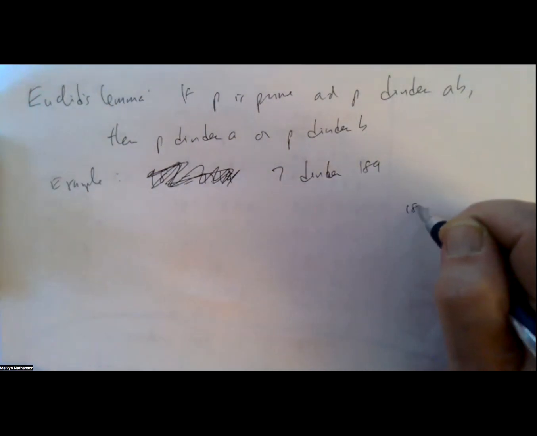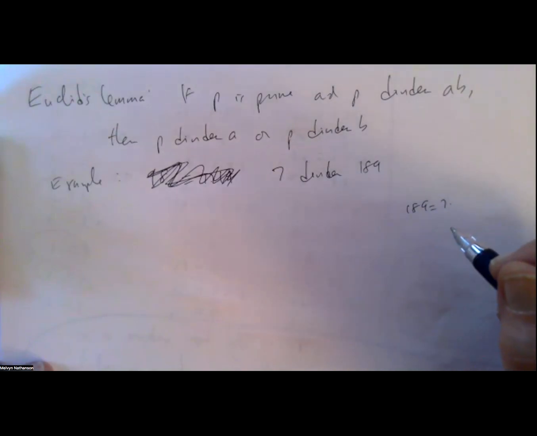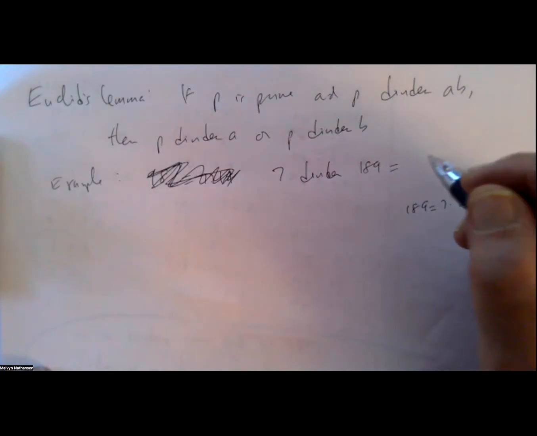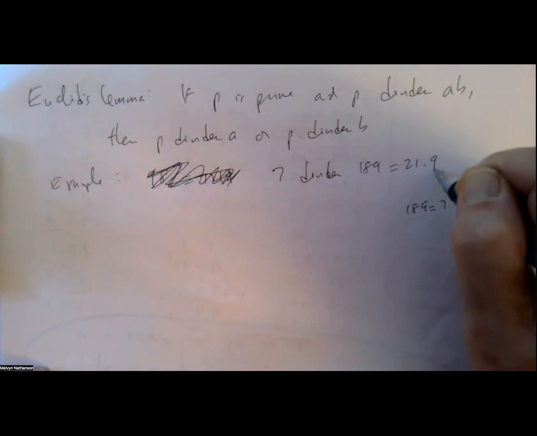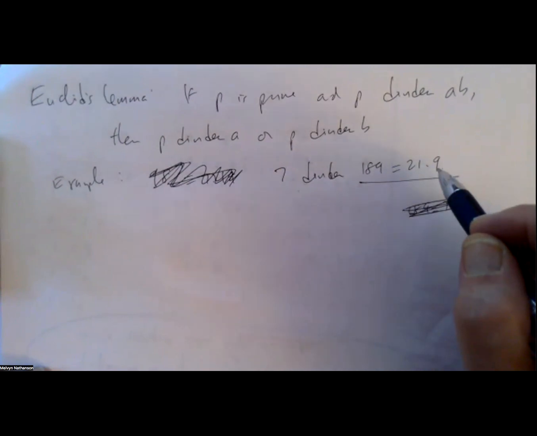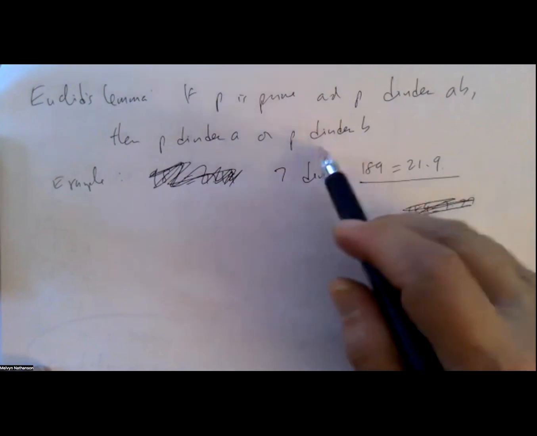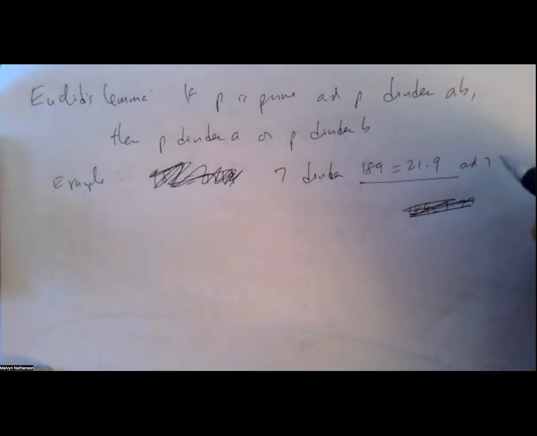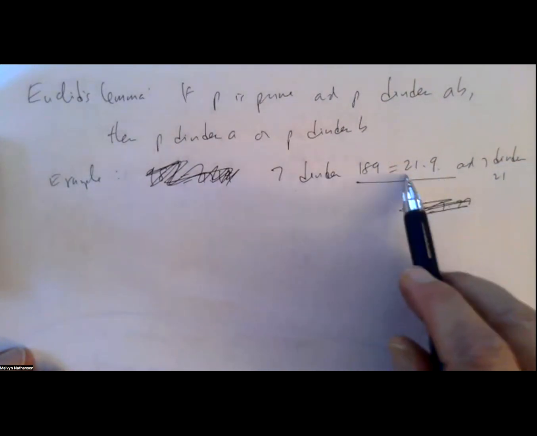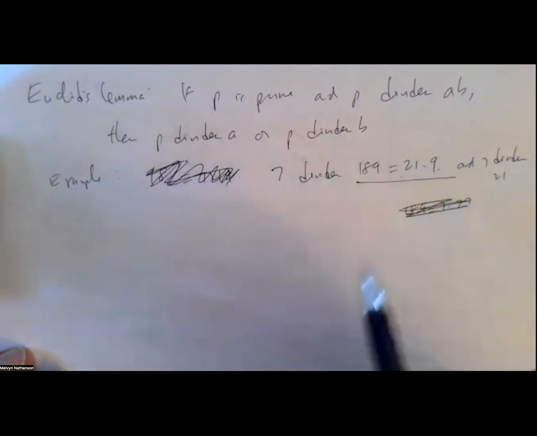Why is that? 189 is 7 times 27. You could also write 189 as 21 times 9. 7 divides the product of these two numbers, and 7 is a prime, so it has to divide one of them. And in fact, 7 does divide 21.